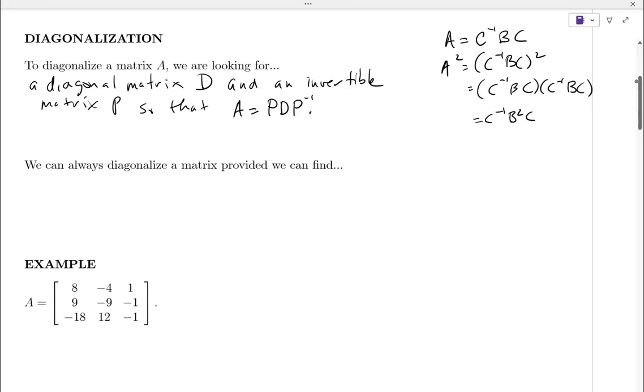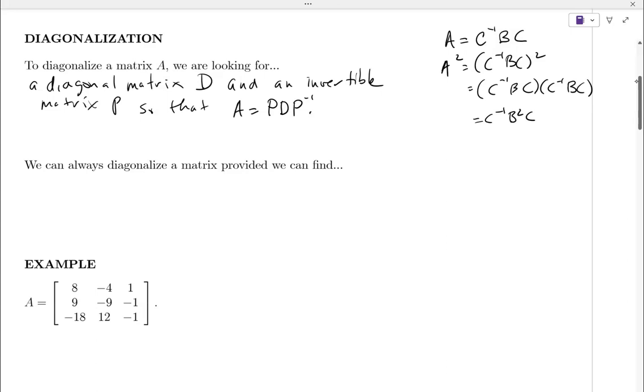This is what we mean for diagonalizing a matrix. Can't always do it, by the way. That's why we're looking for this next statement. But this is what it means to diagonalize.